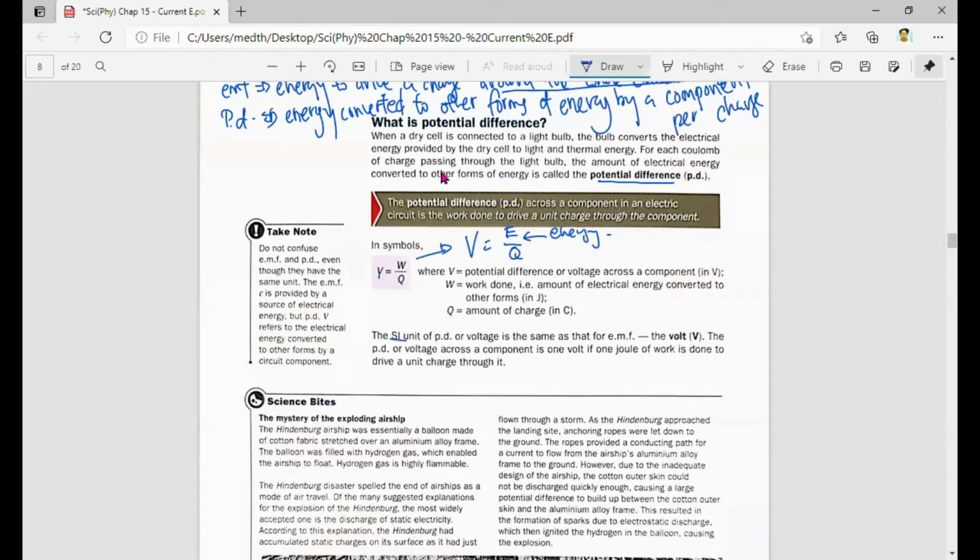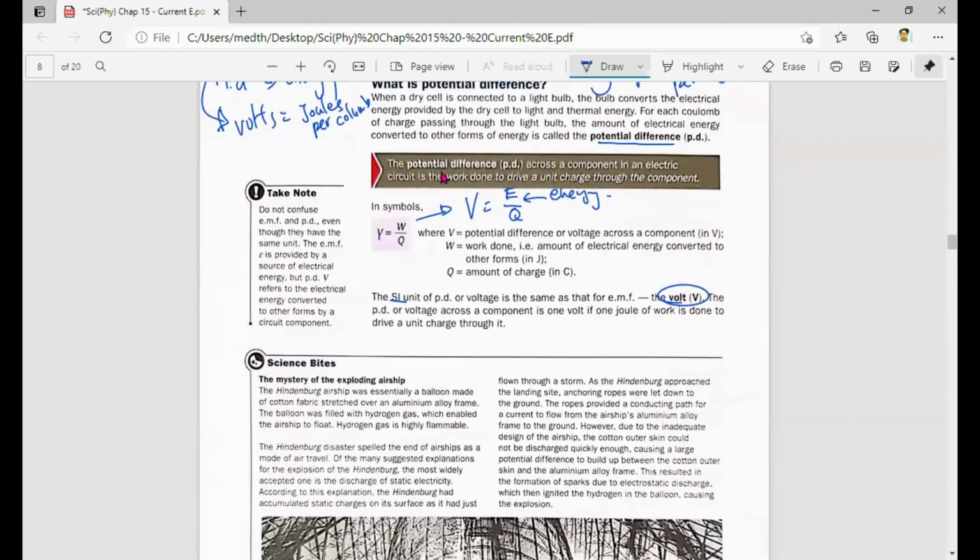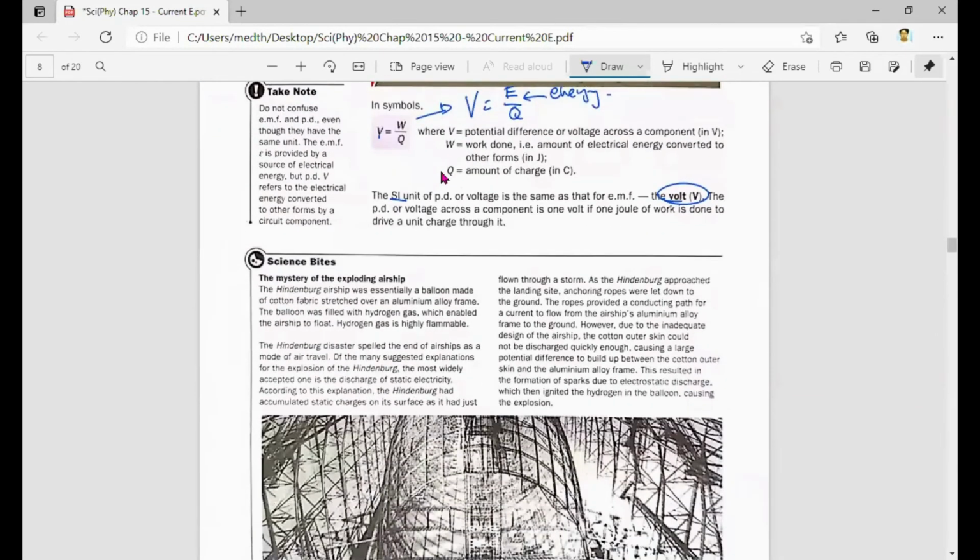Once again, you realize the SI unit is the same as for EMF, which is volts. So both EMF and potential difference have the same units of measurement, which is volts, which is also joules per coulomb. Okay? So just take note of this. Potential difference is like the pump.